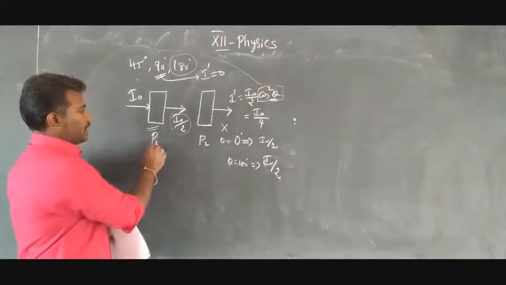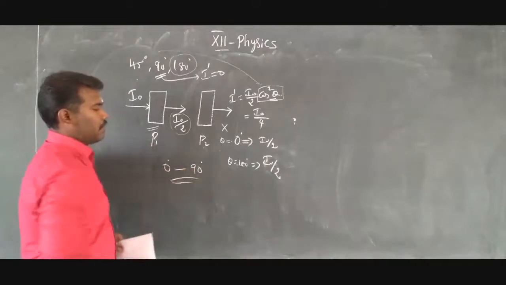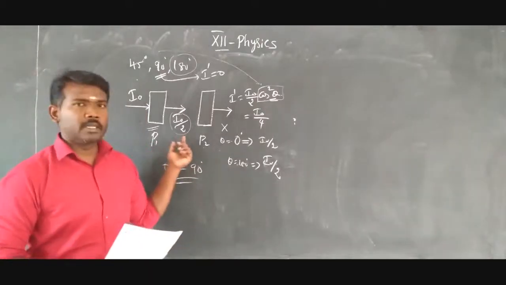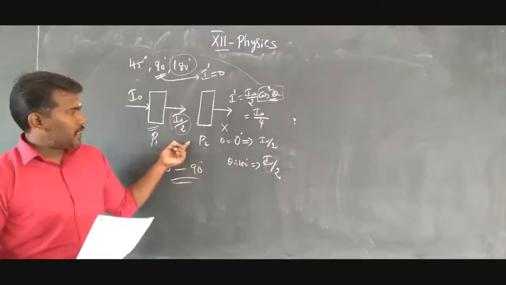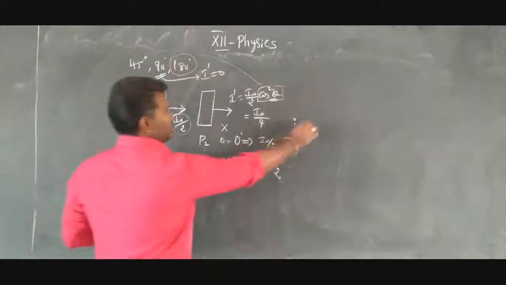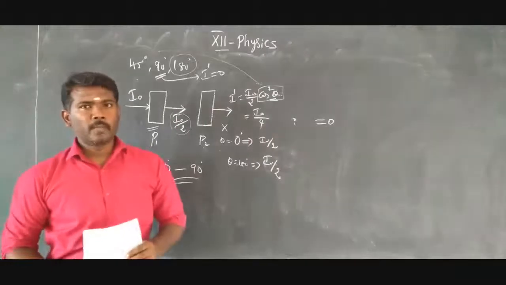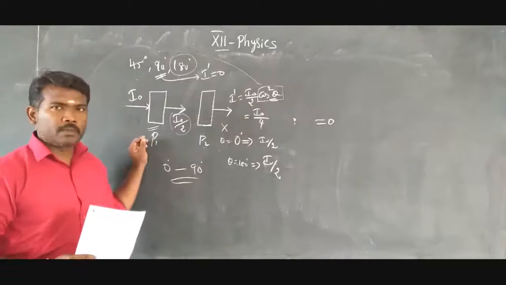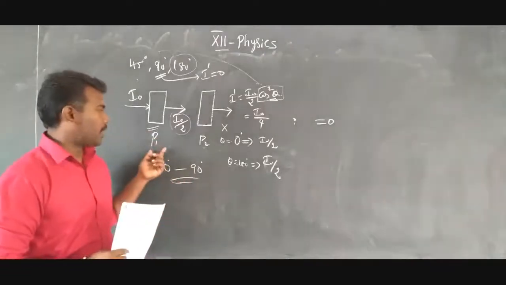If you rotate P1 from 0 to 90 degree, what will happen? The variation of the transmitted intensity from the first polaroid is equal to 0, because there is no intensity variation produced when the incident light ray falls on the first polaroid and the rotation is applied to the same polaroid.